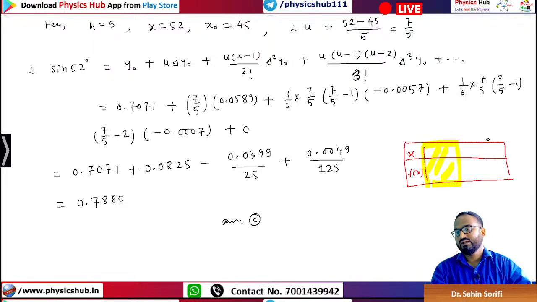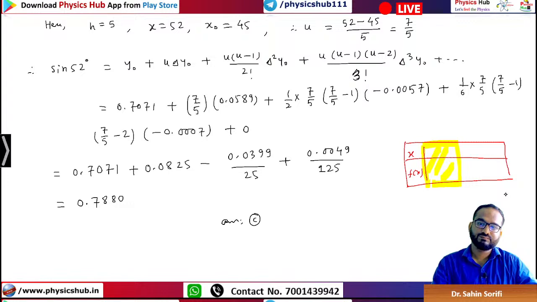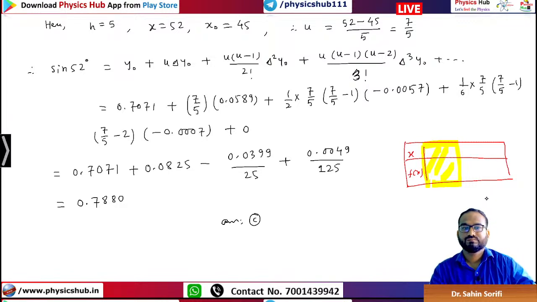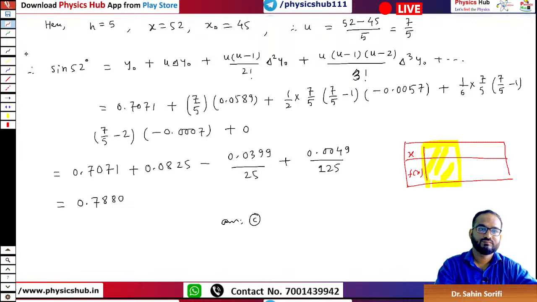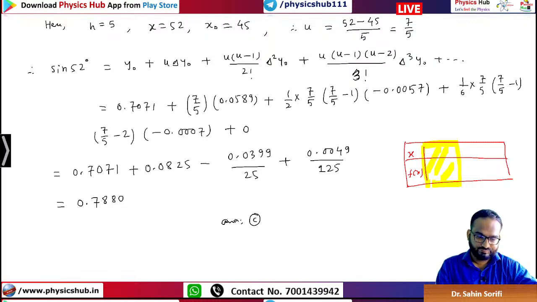When you go for backward, it is used to find a value at the end of the table. Write it quickly. Should we move forward?